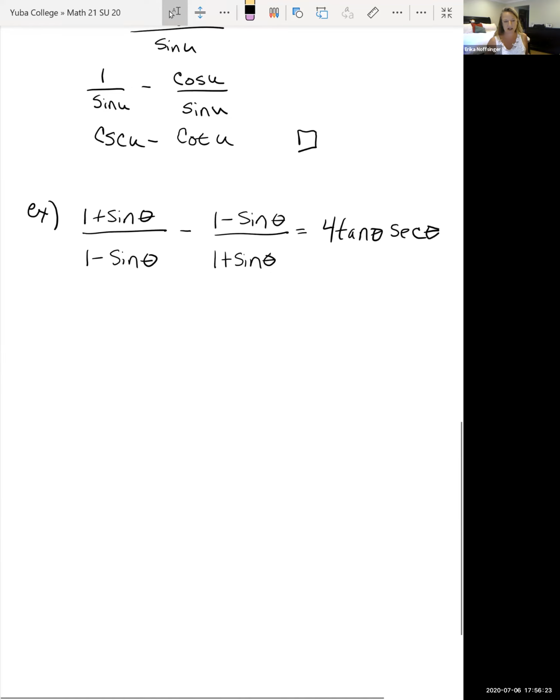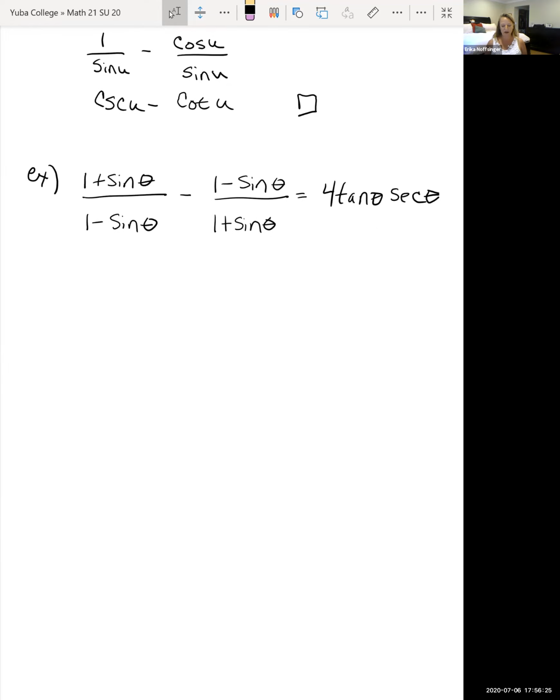So this is where you have to determine which one you want to work with. I'm thinking the left might be better because if I'm working with tangent and secant and I rewrite those, I'm thinking I'm not going to have a hard time manipulating my denominators. Maybe not, I don't know. But the left-hand side looks a little more difficult. And so let's work there.